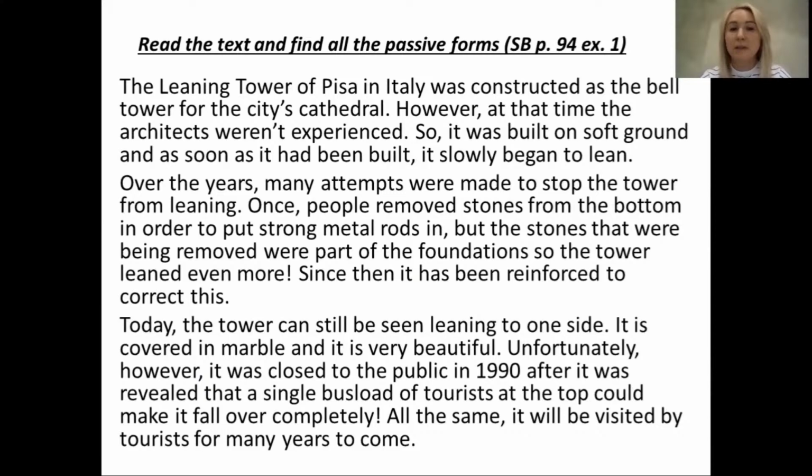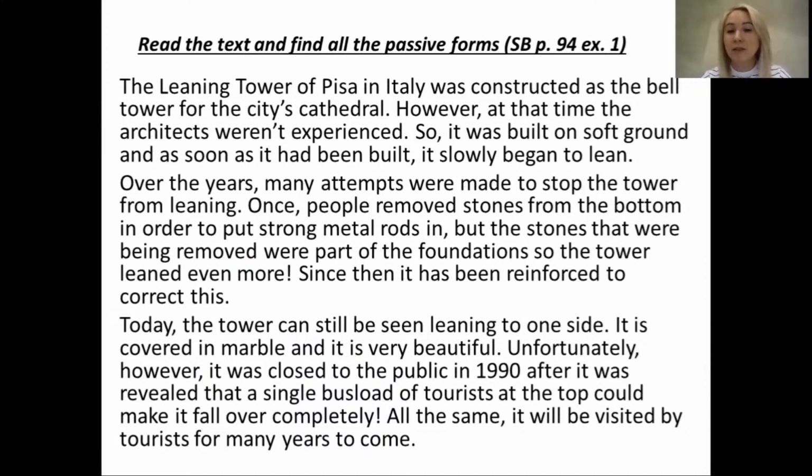Over the years, many attempts were made to stop the tower from leaning. Once, people removed stones from the bottom in order to put strong metal rods in, but the stones that were being removed were part of the foundations, so the tower leaned even more. Since then, it has been reinforced to correct this.